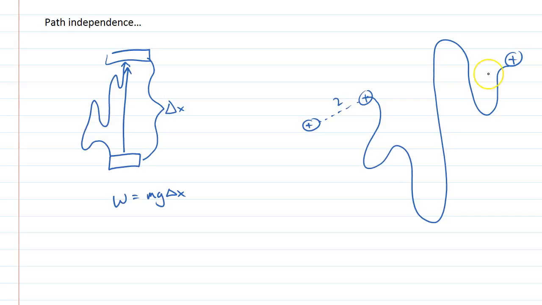But it doesn't matter which path I take. I might even have gotten closer, but as I go back, that overlap gets rid of the work that I've done there. Anyway, if this is the initial and this is the final, those are the only two things you need to worry about.